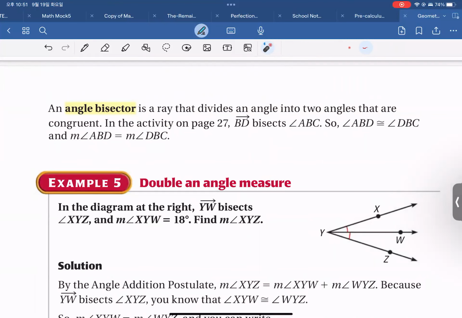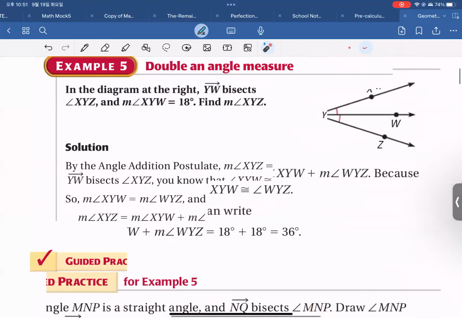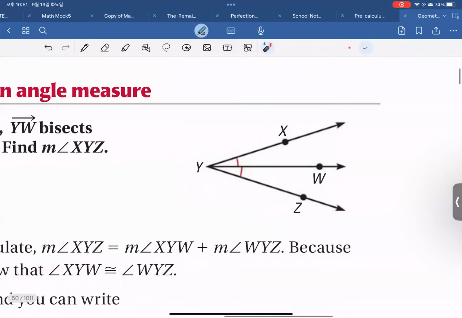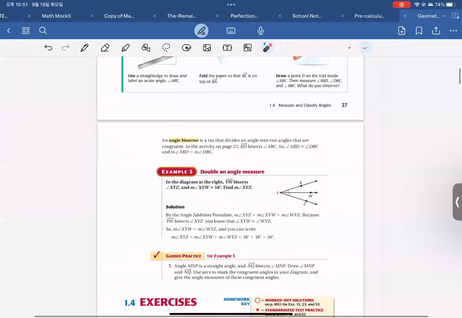We already saw this with previous bisectors, so it's pretty clear. The idea to remember is that if we call YW an angle bisector, then the measures on either side, here and here, would be equal. So if one is 30, the other would also be 30 degrees, and so on.